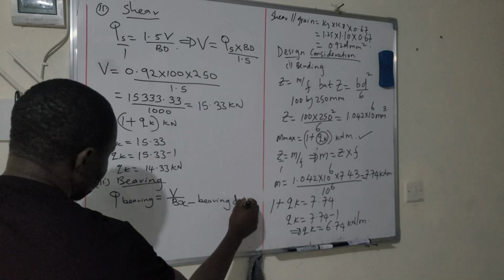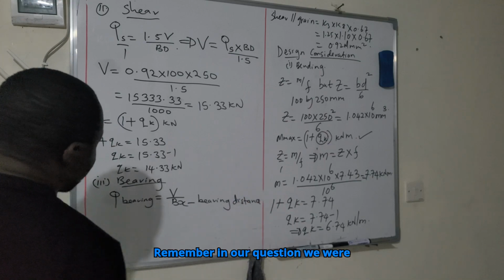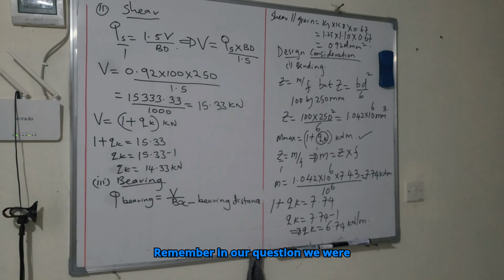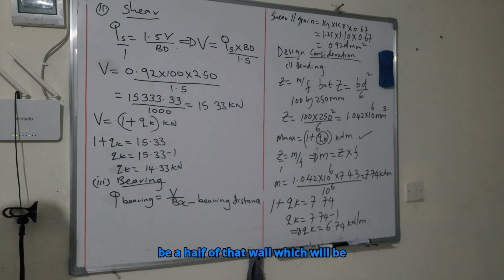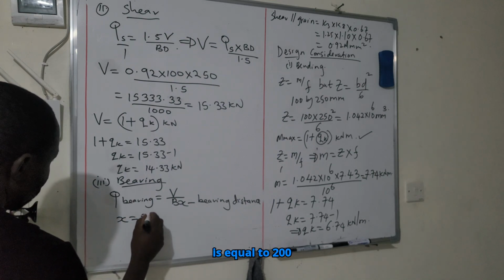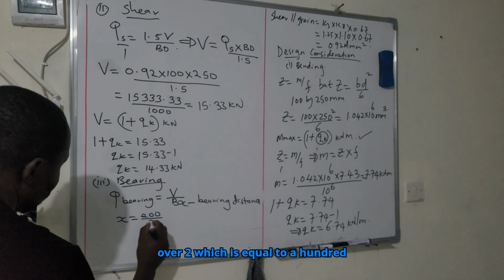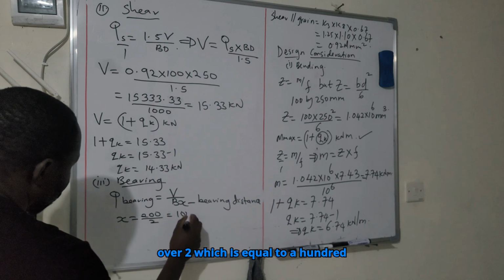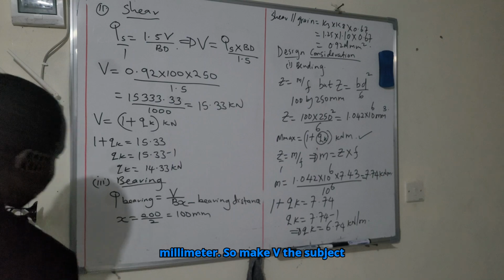Remember, in our question, we were told our wall is 200 millimeter. So the bearing distance will be a half of that wall. So x is equal to 200 over 2, which is equal to 100 millimeter.